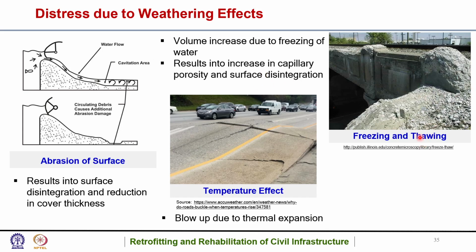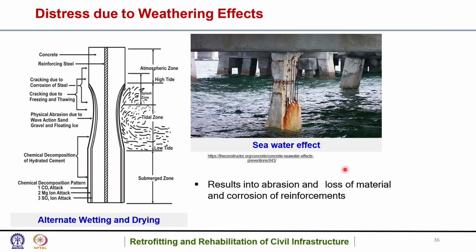This continuous freezing and thawing action can result in volume increase due to freezing of water. As we know, water increases in size by about 9% when it freezes into ice. That results in an increase in capillary porosity and surface disintegration. So these were some of the weathering effects.